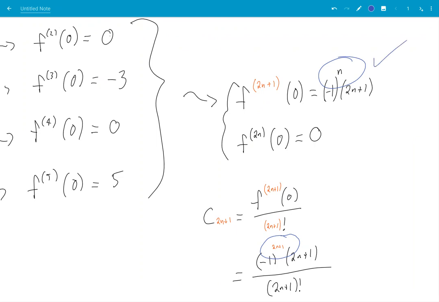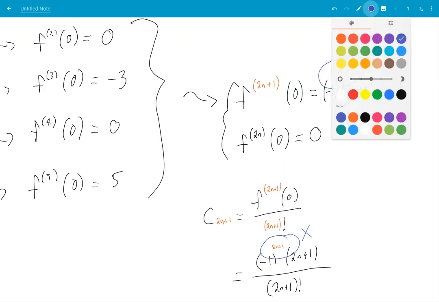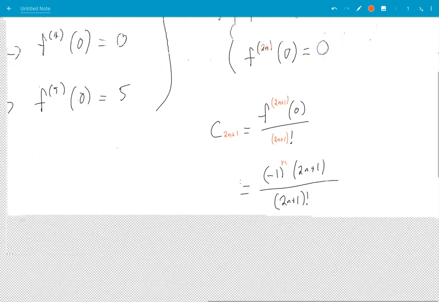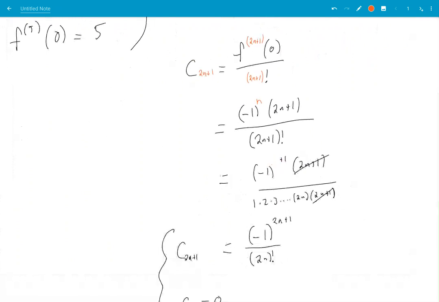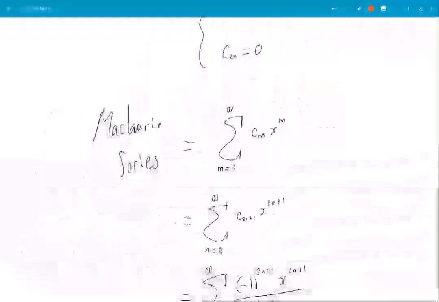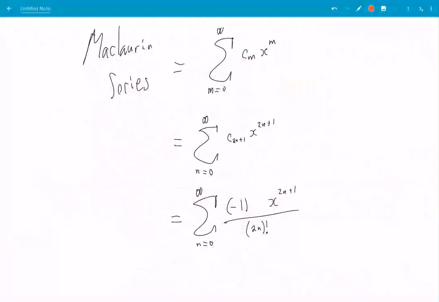This was correct, but I copied it wrong right there. So that was just a copying error. Should be an n. That fixes it. -1 to the n. Okay, so that's my problem. n, n, and n. There we go. There's my Maclaurin series.